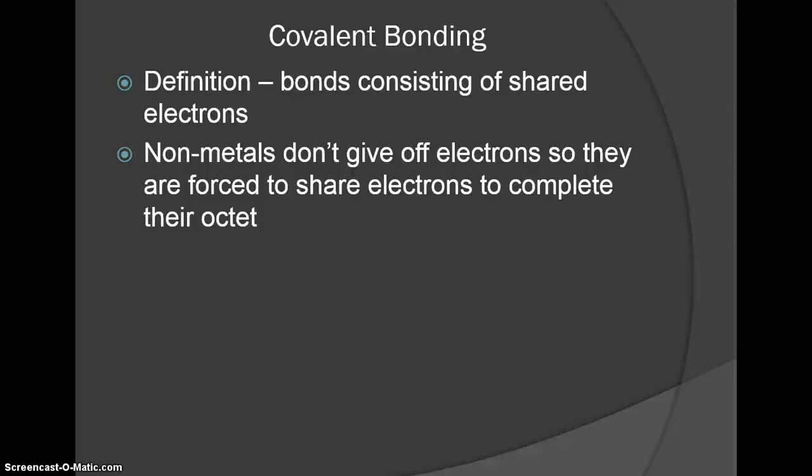If I start with 6, I know I'm going to need a couple more electrons, but I'm not transferring electrons like in an ionic bond. Instead, in this case, I'm sharing. So if I have 7, I'm going to have to share one more electron with somebody. If I need 2, I'm going to have to share 2 more electrons in some way to complete that octet.